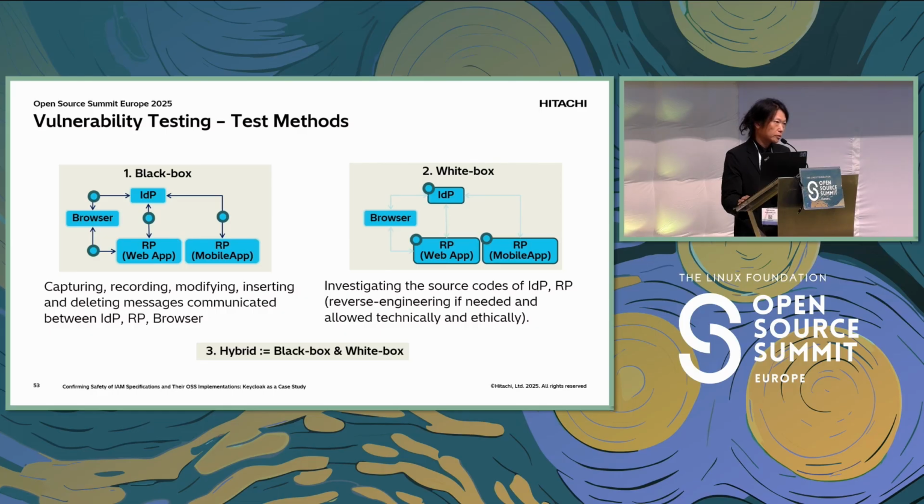The black box testing method is to capture, record, modify, insert, delete, and send out of order the messages communicated among each entity in the configuration. White box testing is to investigate the source code of the IDP and RP. And hybrid testing is the combination of black box and white box testing.